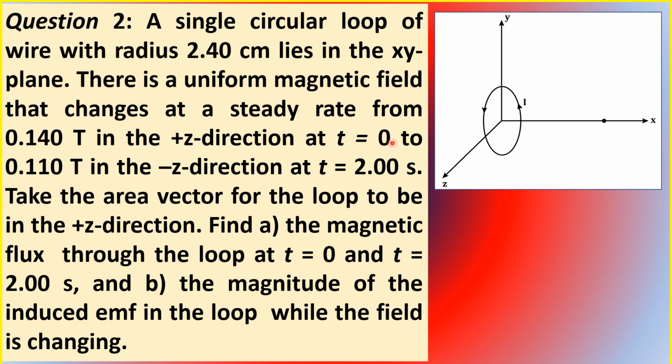At t equals 0, the magnetic field is directed, according to the problem, in the positive z direction. So the magnetic field is perpendicular to the plane of the circular loop.